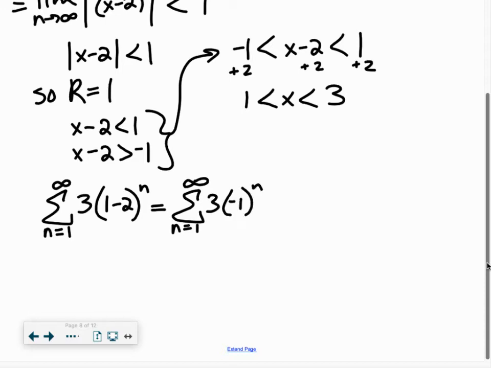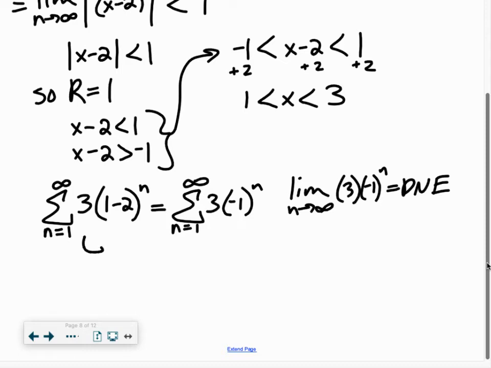If I take the limit as n approaches infinity of 3 times negative 1 to the n, this limit does not exist. And therefore, this series diverges by nth term test.